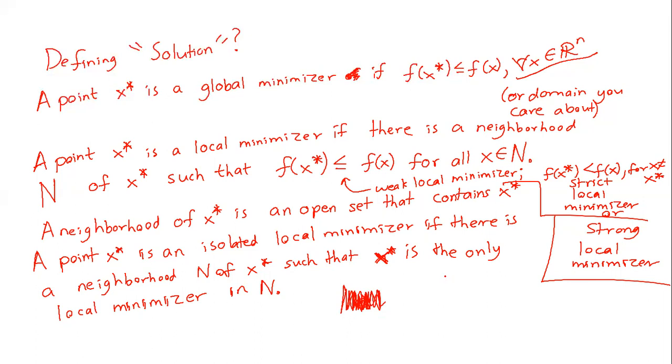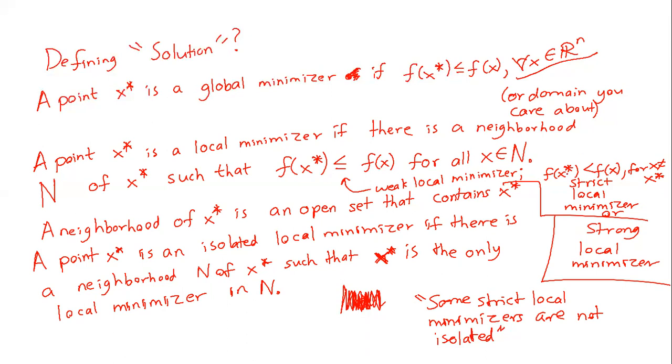And the reason that came up is because the book says some strict local minimizers are not isolated.